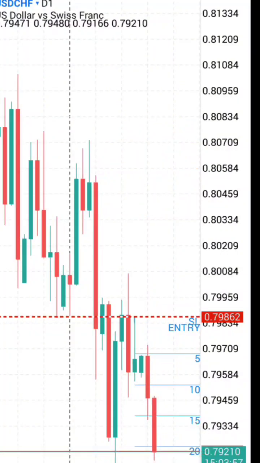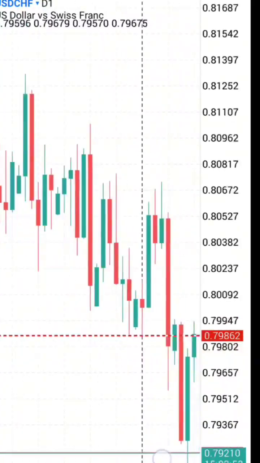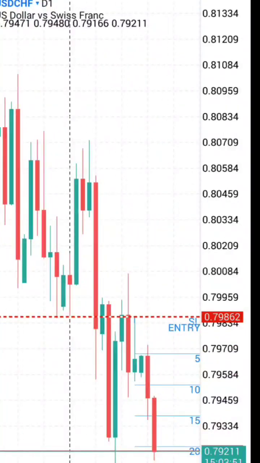So here I'm going to be looking at how the market is going to perform around here before I take a decision on what to do on this trade. But remember, the idea is for you to just see that candlestick works perfectly on Forex.